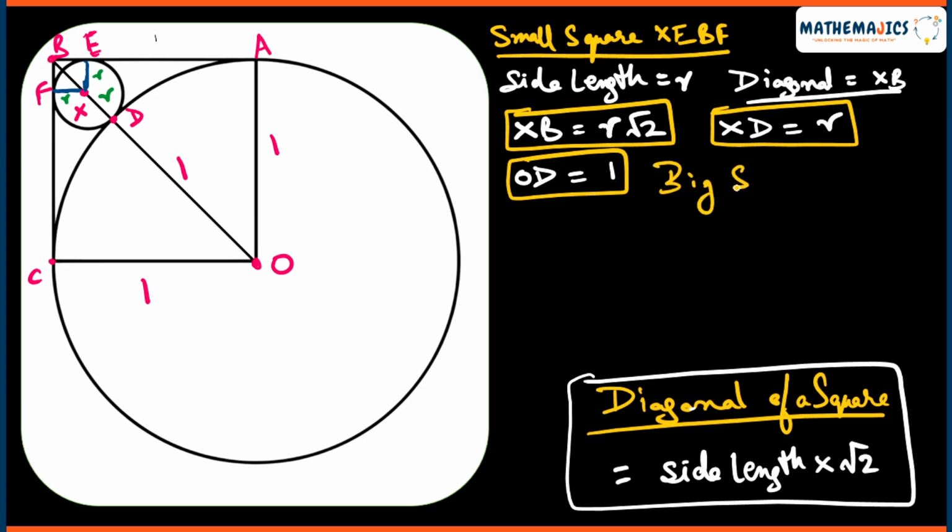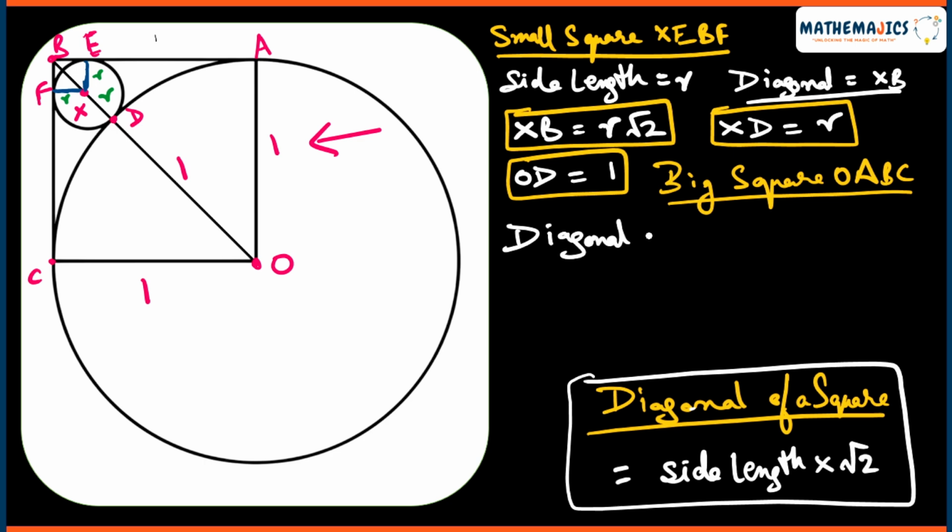The big square name is OABC. What is the side length of the big square? The side length of the big square is 1. It is given in the question itself. So if the side length is 1, what will be the diagonal of the big square?